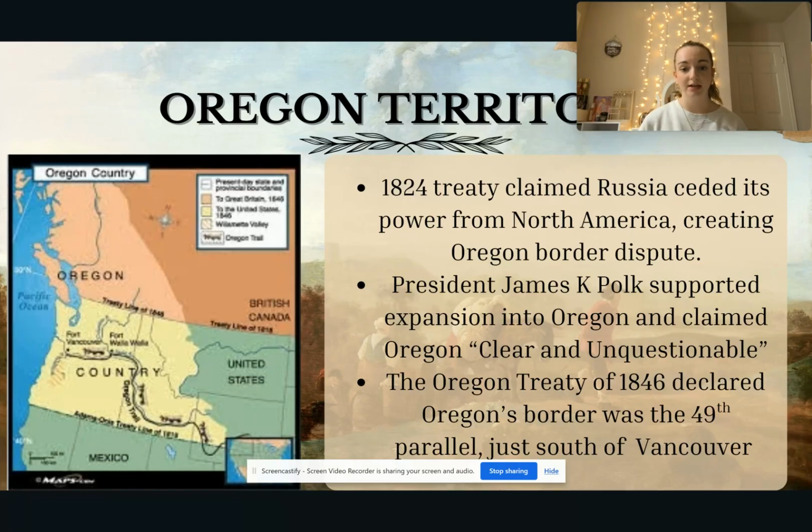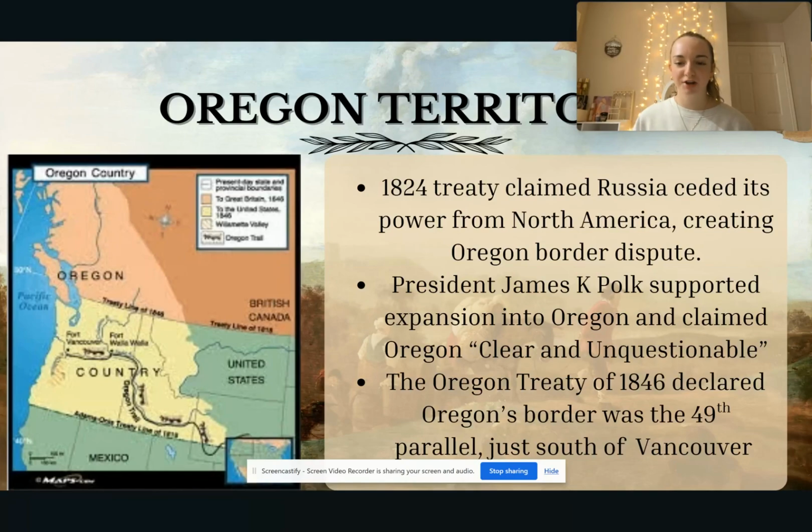So President James K. Polk was very, very supportive of Manifest Destiny, and he very, very much wanted to expand into Oregon. And he claimed it clear and unquestionable, and it was also part of his candidacy, the slogan 54-40 or fight, which 54-40 would be the potential border in this dispute.